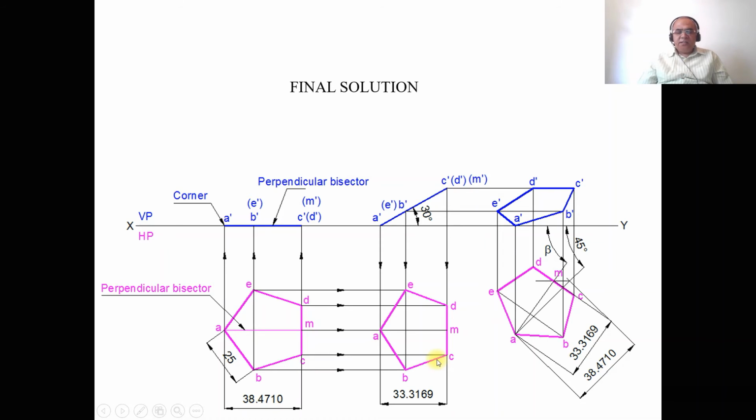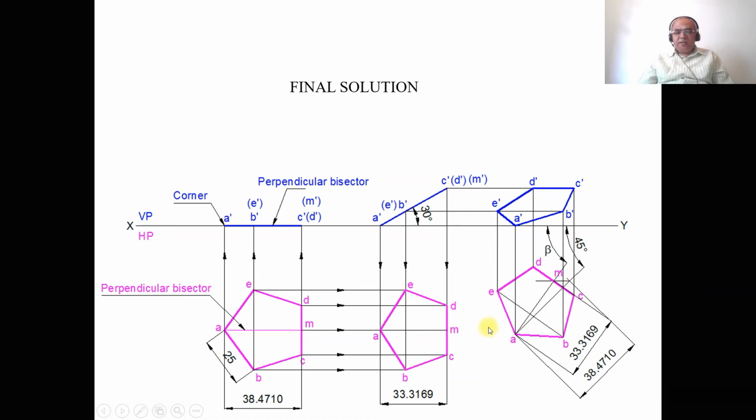Now we need to draw the third position top view. To do that, as we know that the surface with the perpendicular bisector of the edge passing through the corner is inclined at 30 degrees, obviously you're going to get the apparent length in the second position top view. But actually in the problem the true inclination is given.